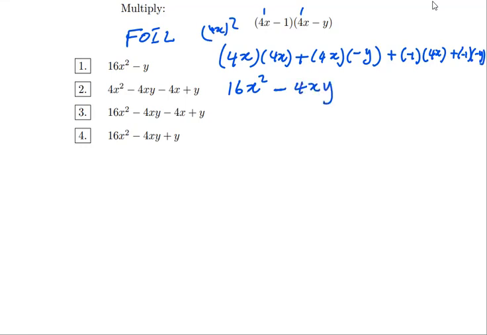And then -1 times 4x is just minus 4x. And -1 times -y: if you multiply two negative numbers, you get a positive number, so this will just be y. And it looks like we cannot do any further simplification. So this here is our correct answer.